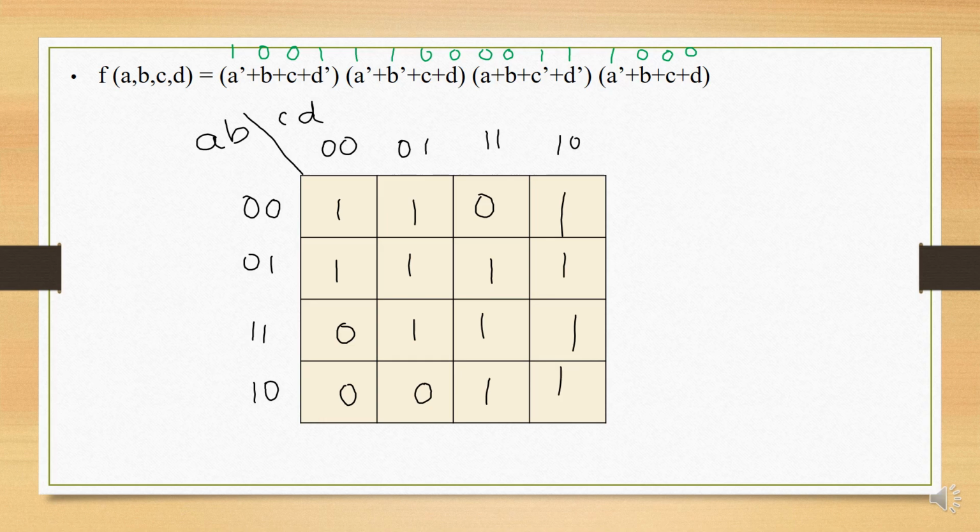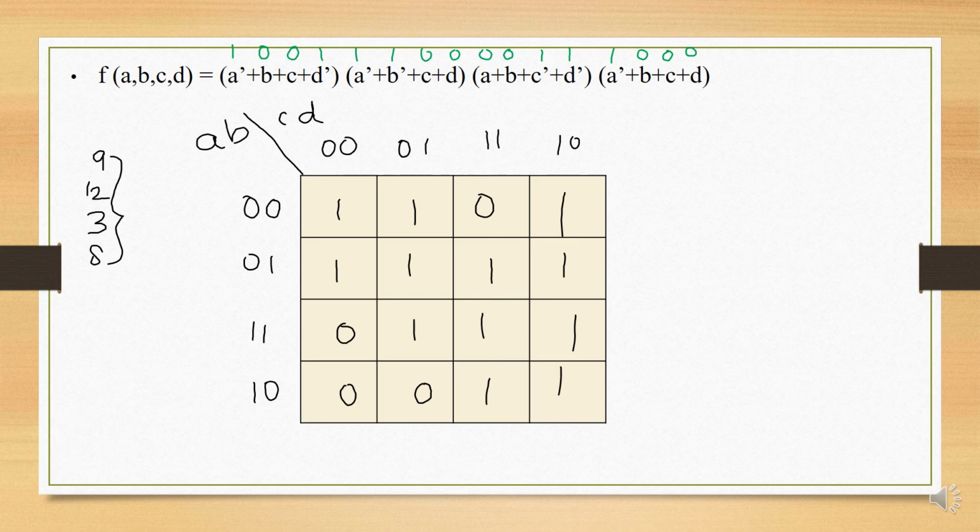See here, the first max term gives the value 9. The second max term gives the value 12. Third max term gives the value 3, and the fourth max term gives the value 8. With these respective cell numbers, you have to place logic zeros. Okay, so let us now obtain the simplified SOP expression.